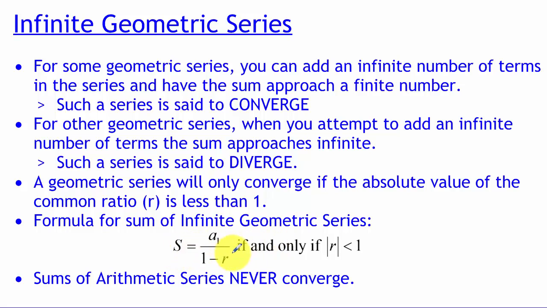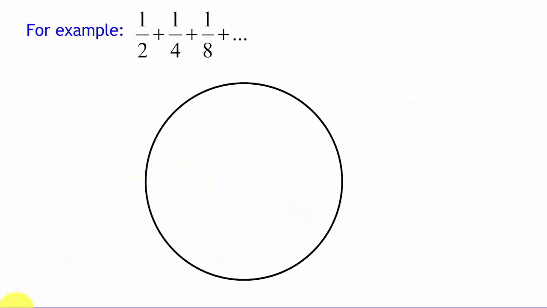And again, this formula is only used if the absolute value of the common ratio is less than 1. Other types of series, for example arithmetic series, if you try to add an infinite number of those, they will never converge. So before we work some sample problems, let's visualize why this might be the case.